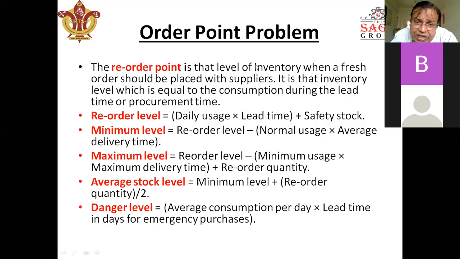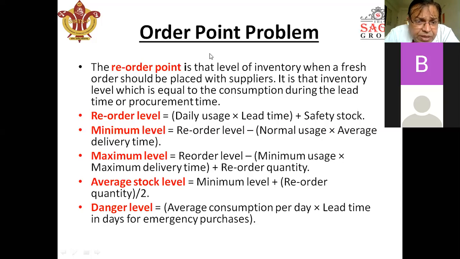Then when you are selling your last material, your new order will come to your shop. So the customer is not returned empty-handed, because you are keeping your material by the reorder level and following that particular technique for ordering.